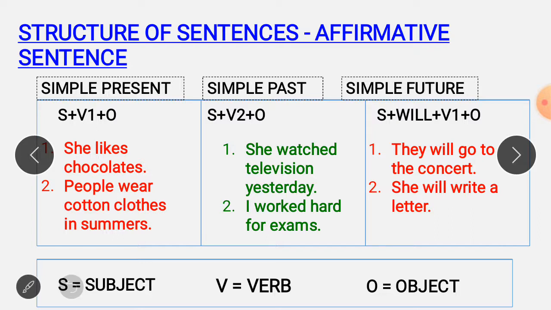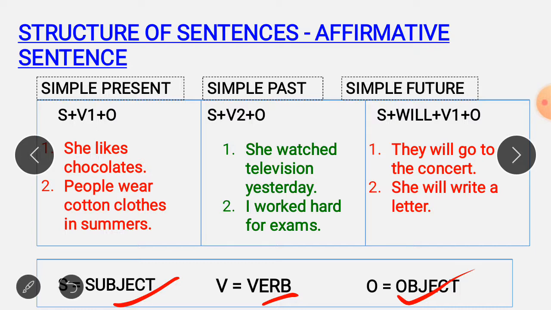In simple present the structure is subject, that is I have written S. S is subject, V is verb, plus object. So over here subject plus verb, which should be in its first form, and then the object.